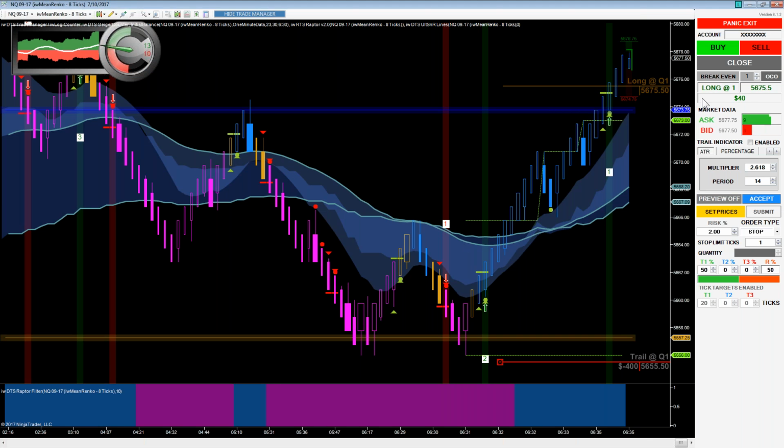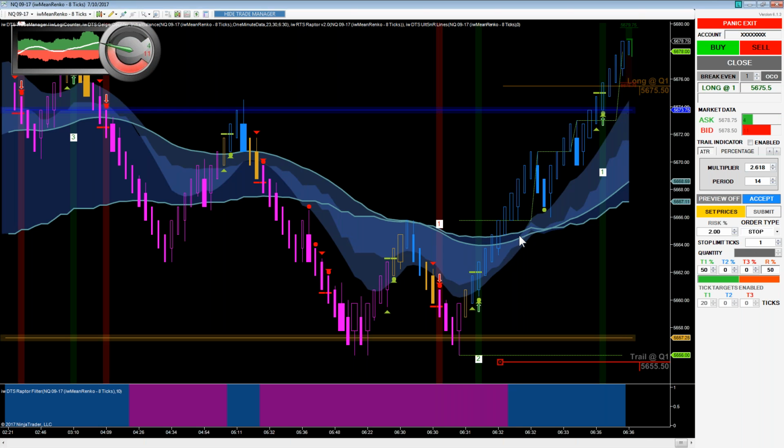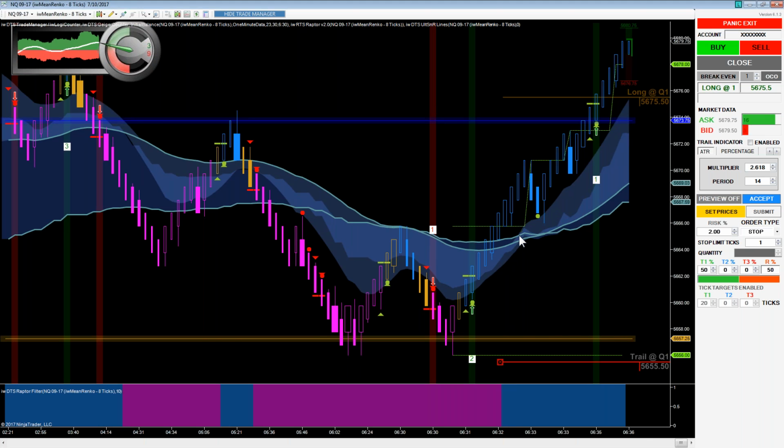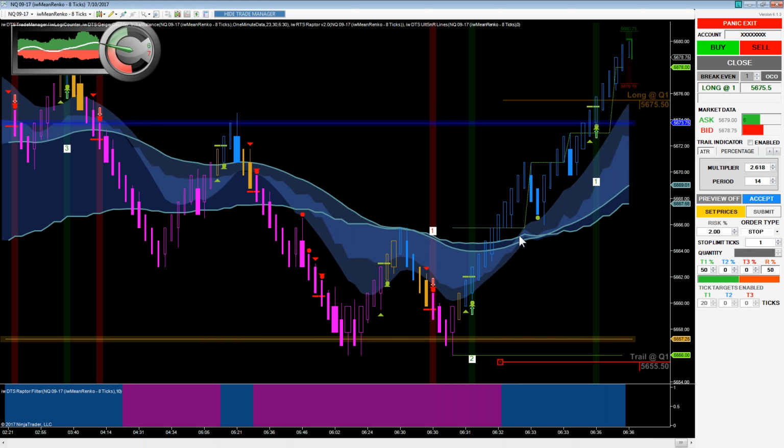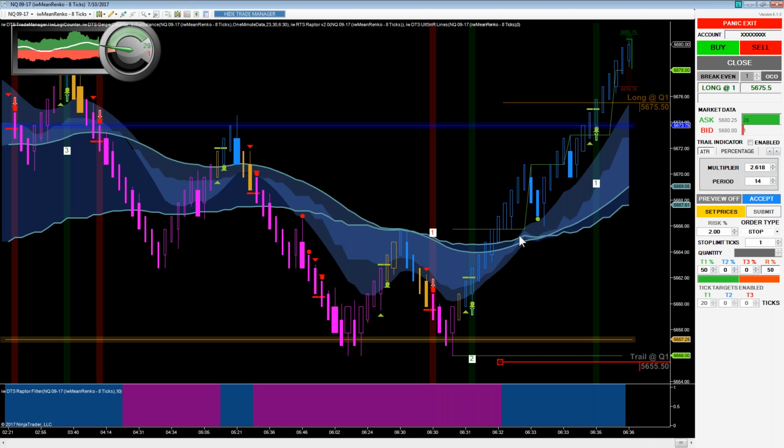So what I'm going to try to do is I'm actually going to try to ride out this trade, see if perhaps it will give me a little bit more follow through. And we're only 5 or 6 minutes into the session, so this is a very early trade.